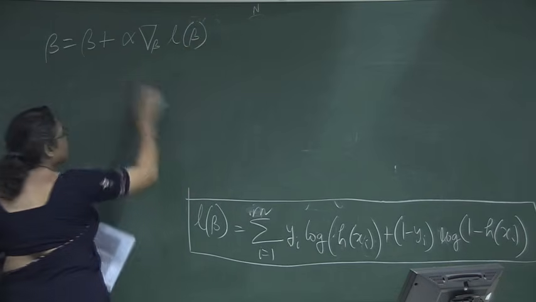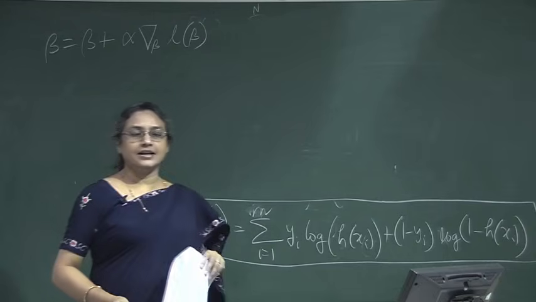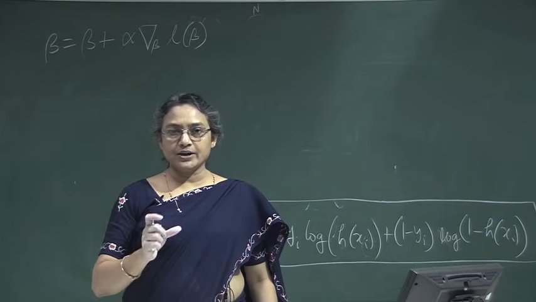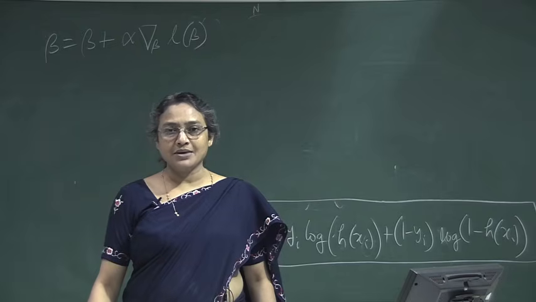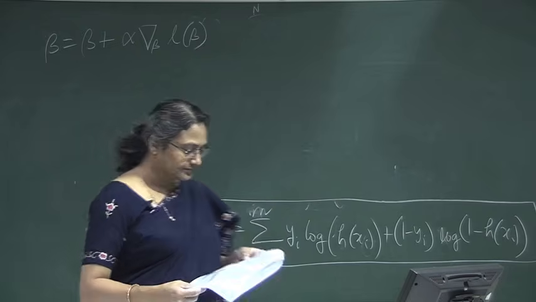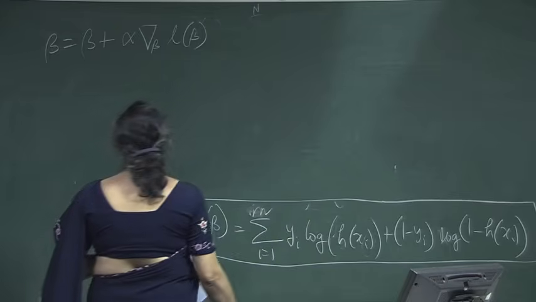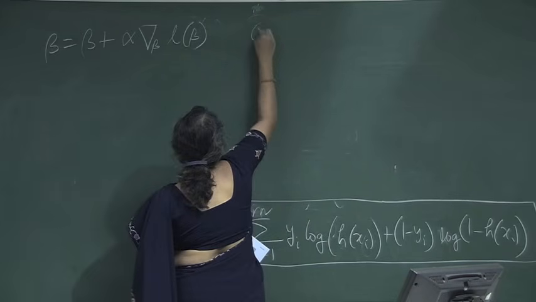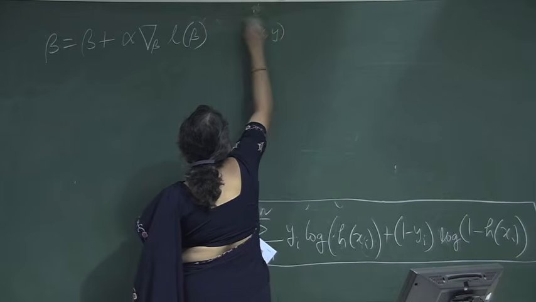So, this is how we will update beta iteratively by using gradient ascent, and we can do it one example at a time if we are using stochastic gradient ascent. So, suppose we have a single training example (x, y).